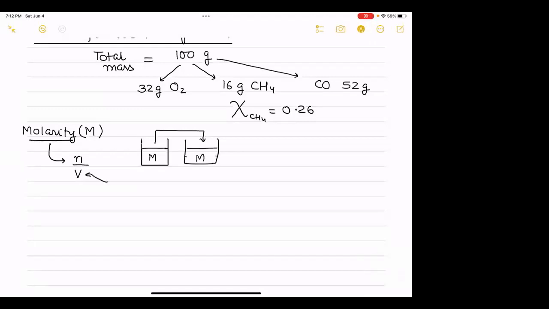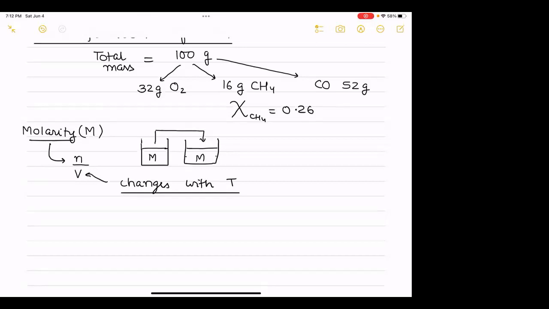It fluctuates slightly with temperature because the volume can increase or decrease, right? So molarity is not considered a good unit whenever you are doing an experiment in which there is a fluctuation in temperature, because molarity may change slightly.